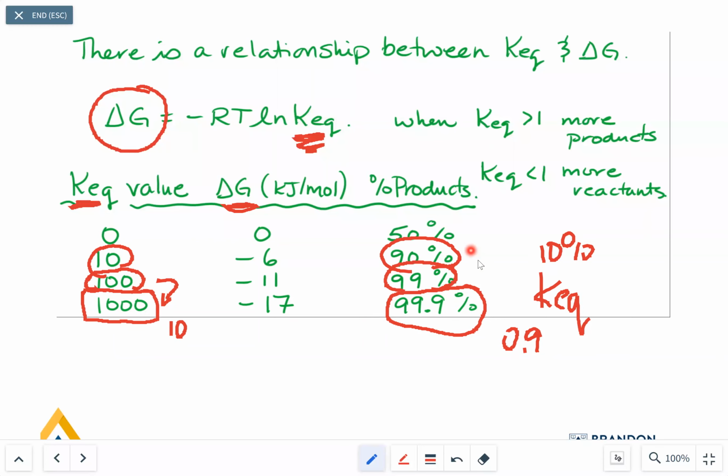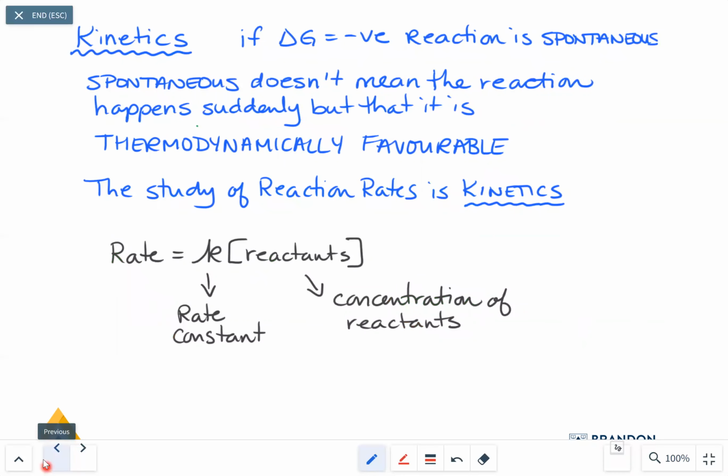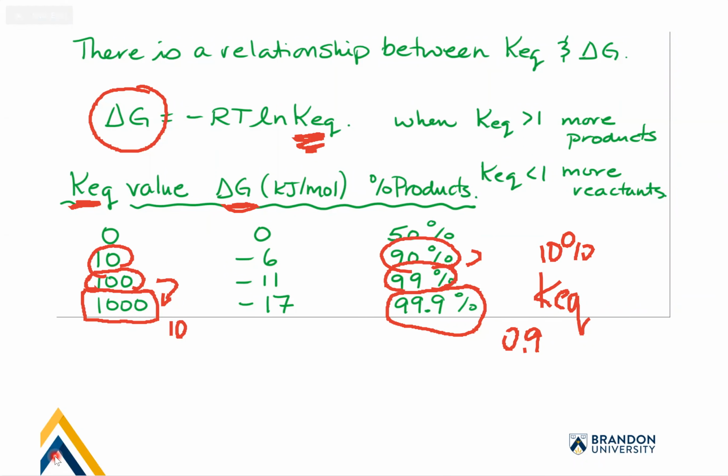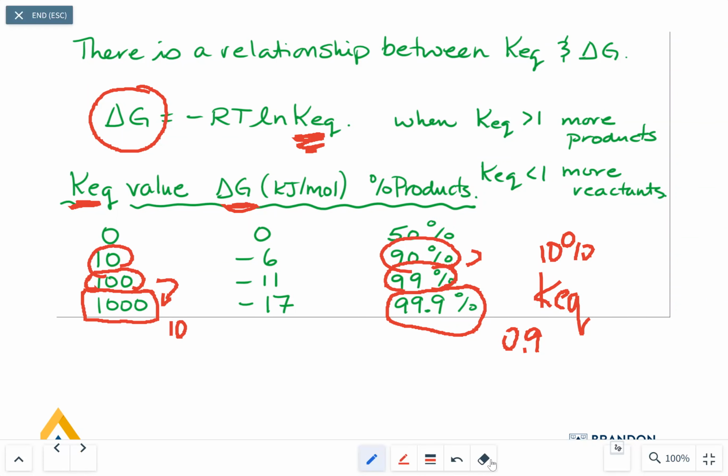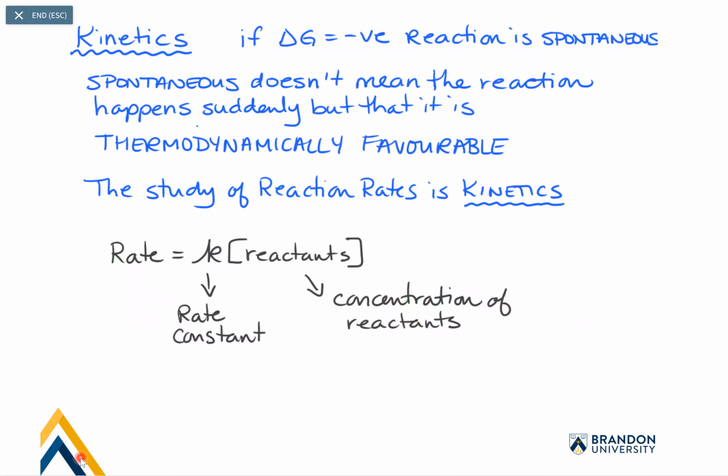But once you're getting into this range of like 95%, that's pretty good. So you don't need a large delta G. Anything less than 6, you're getting to a high conversion, right? That's why equilibria do exist in a system. It's mainly because there are just so many molecules involved.